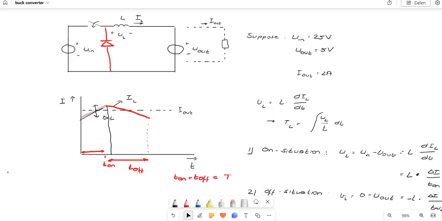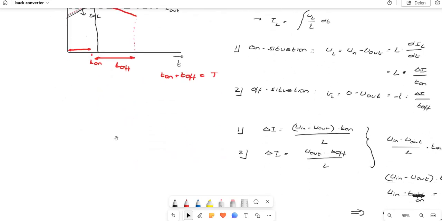Remember, due to the fact that during the off time the current is not flowing through that MOSFET, the average value of the current through that MOSFET is the duty cycle, which is 0.2 in my example, times the current IL, which was 2 amps.